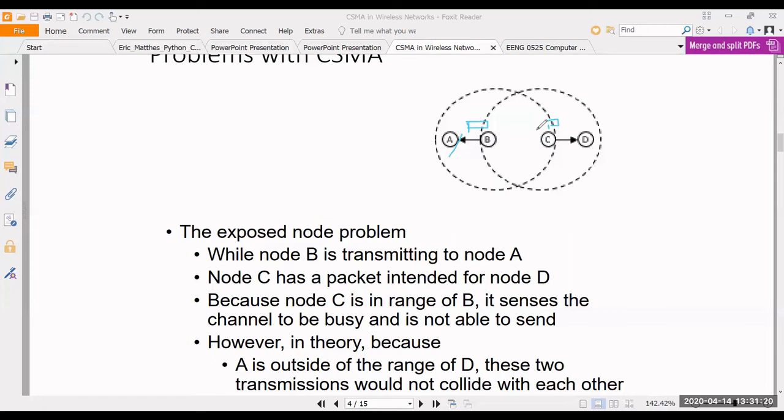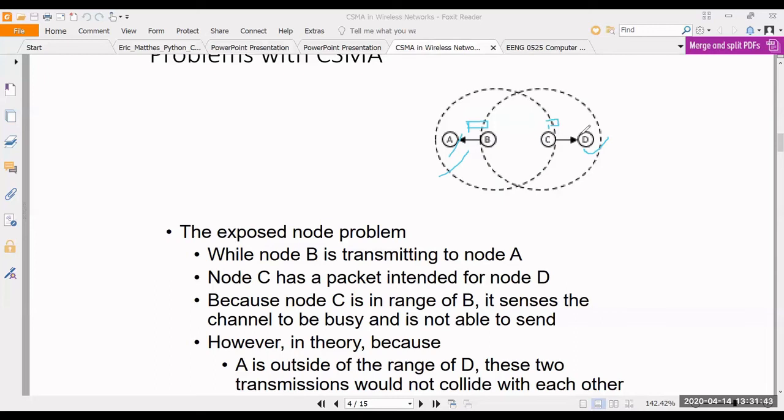But looking at it critically, do you think the channel is actually busy when C wants to send to D? No. The channel is not busy because B is outside the range of A. So if C has any packet to transmit, it can transmit successfully without any collision, right?